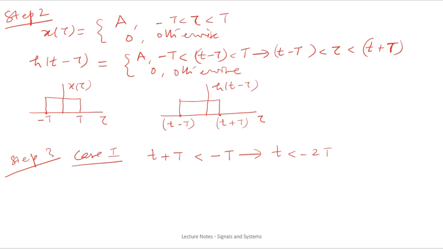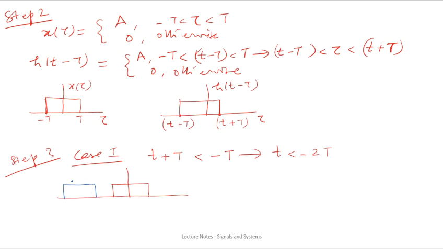If this is the case, its right edge is towards the left hand side of the edge of x(tau), so how will the signal look like? It will look something like this, with x(tau) and h(t minus tau).